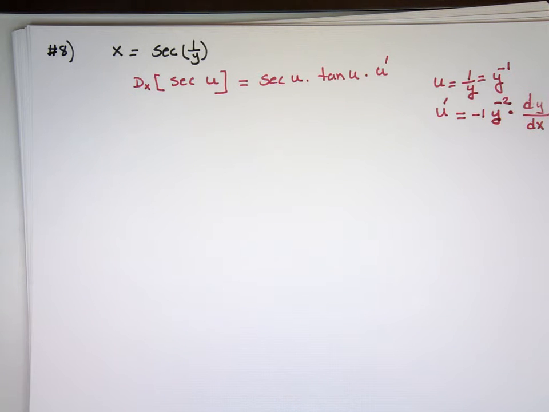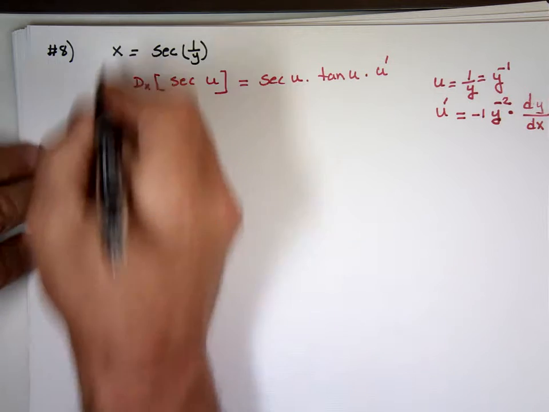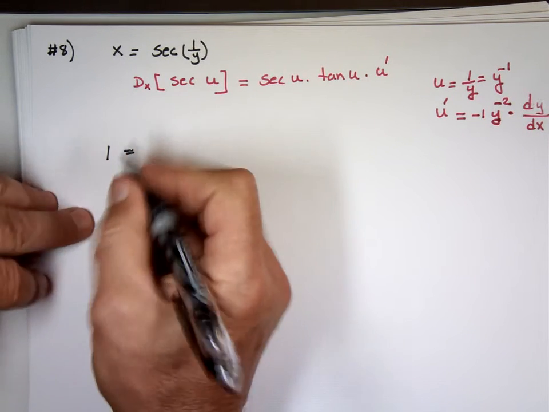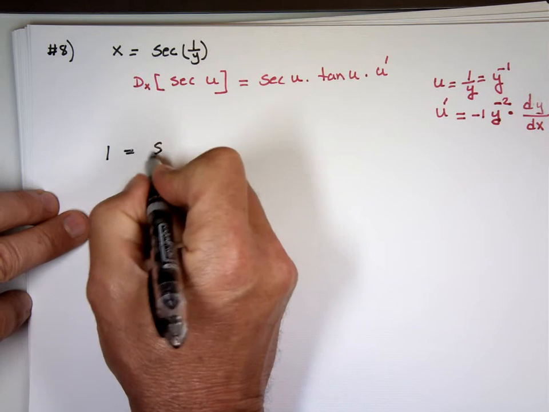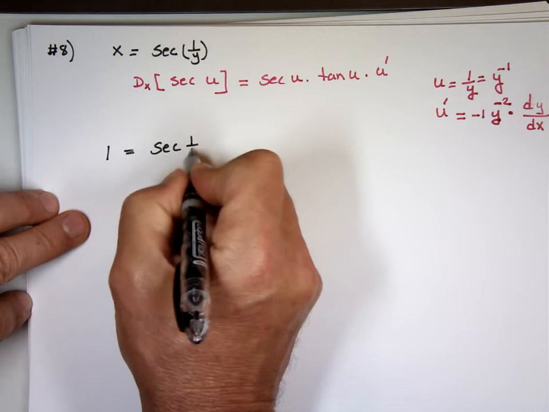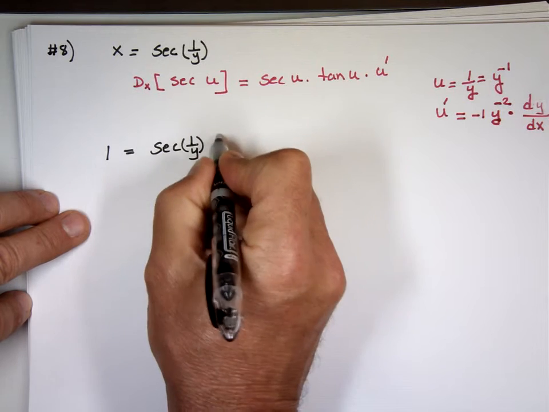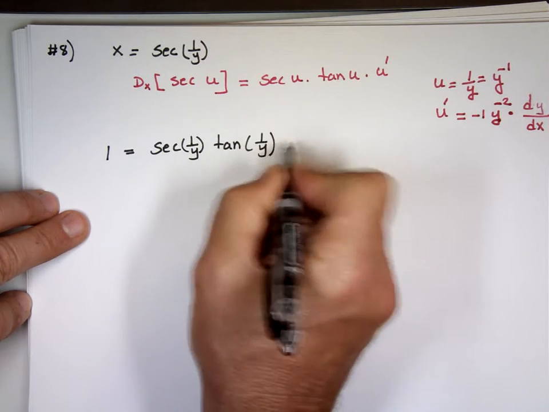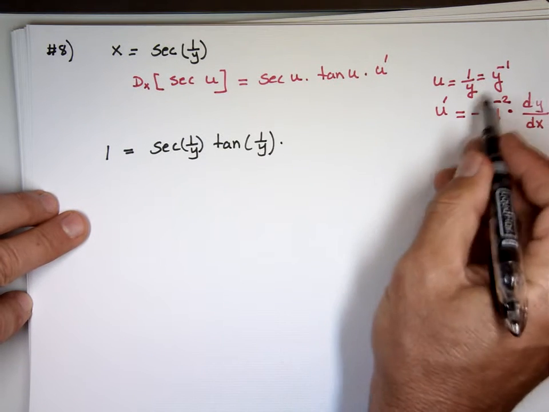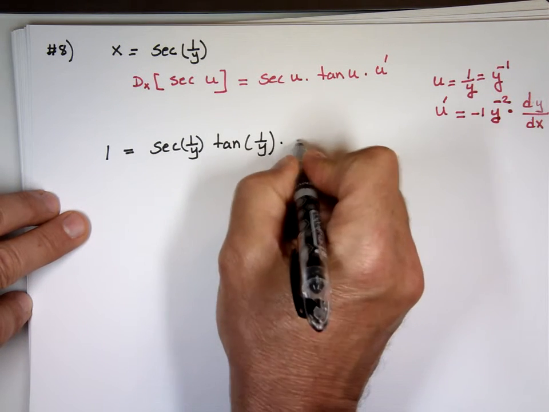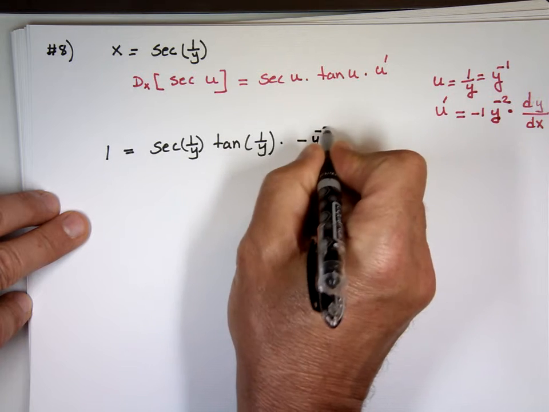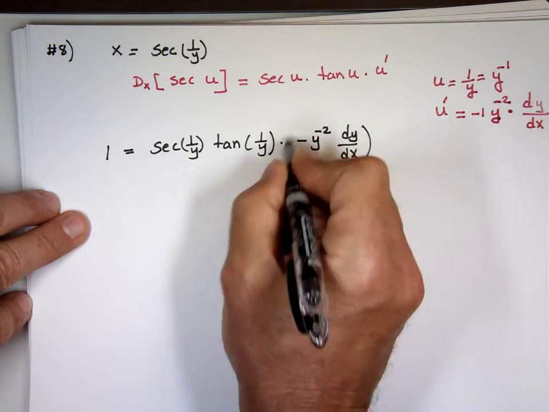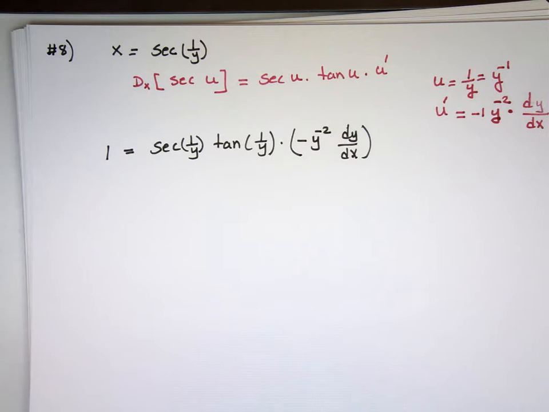So here we go. What's the derivative of x? 1. What's the derivative of secant of 1 over y? Secant of 1 over y tangent of 1 over y times the derivative of 1 over y, which I just did, which is negative y to the minus 2 times dy dx. That's the derivative of 1 over y.